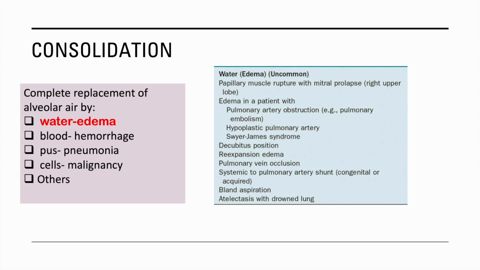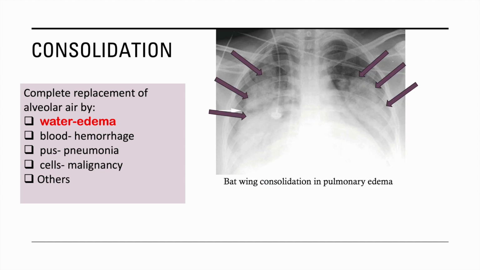Now, look at this chest X-ray. Here, you can see bilateral lung opacities in the perihilar location. This is called the bat wing pattern. Bat wing consolidation shows central consolidation with sparing of the lung periphery.